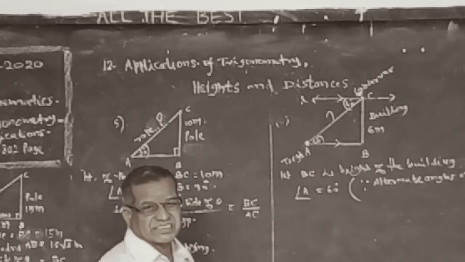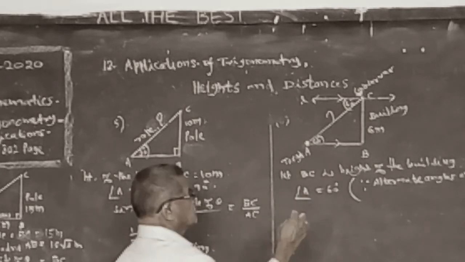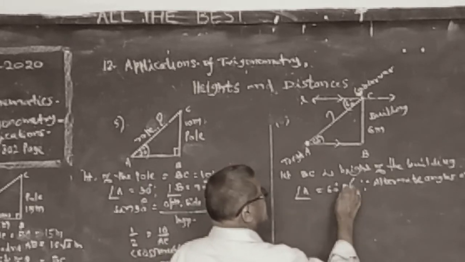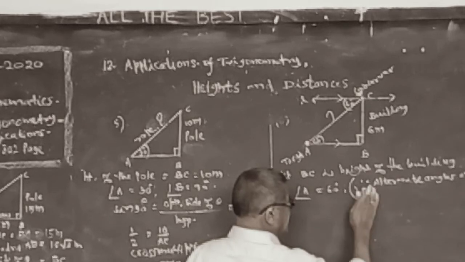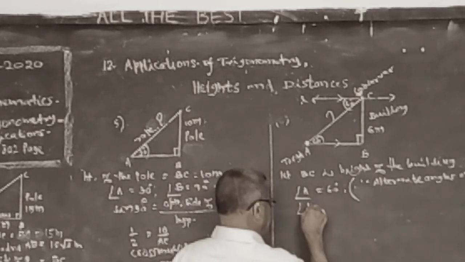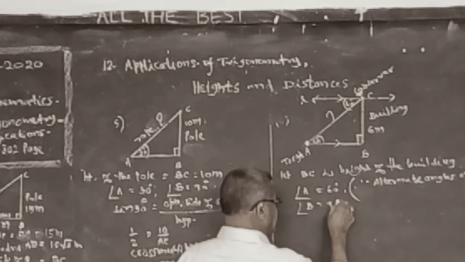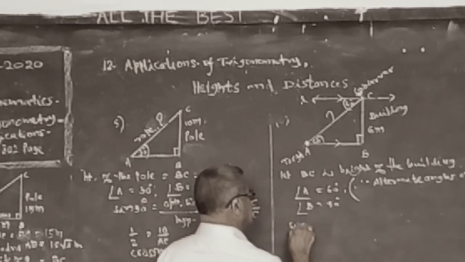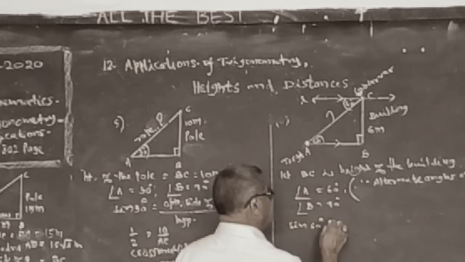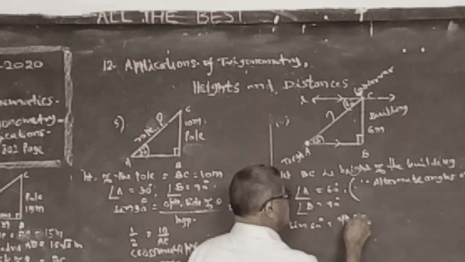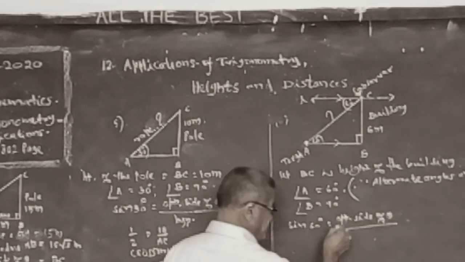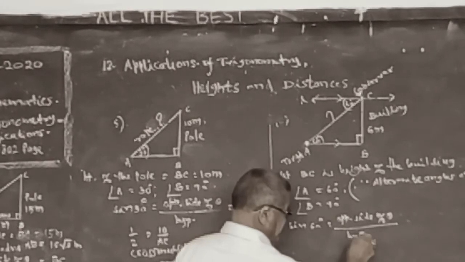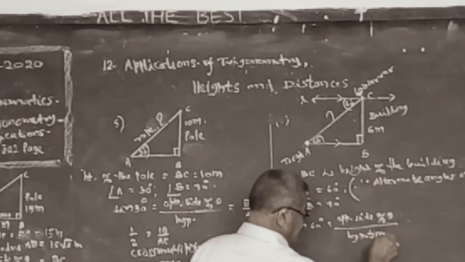So the trigonometrical ratio which has the relation between these two sides, opposite side and hypotenuse, is sine. So therefore write angle B is equal to 90 degrees. Sine 60 degrees is equal to the opposite side of the angle theta by hypotenuse.